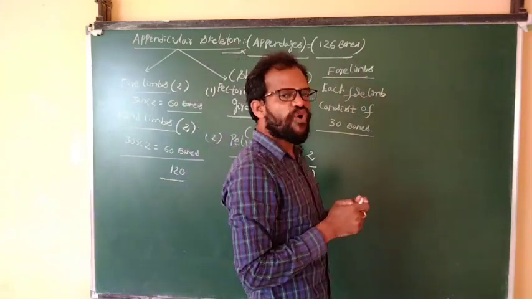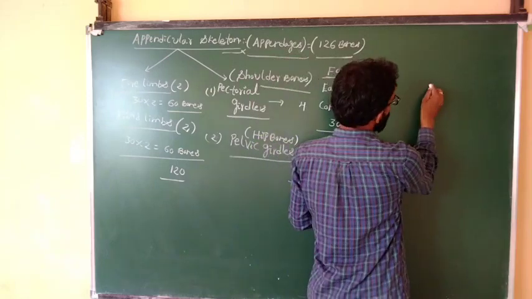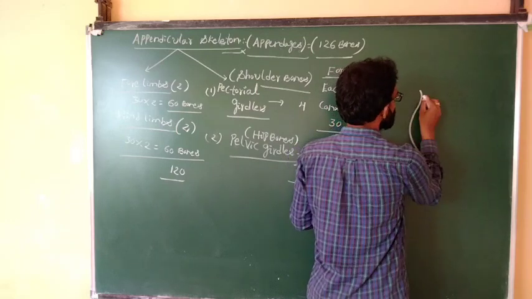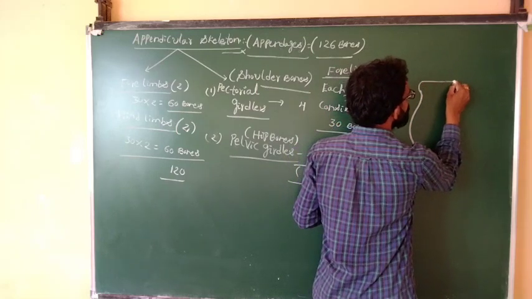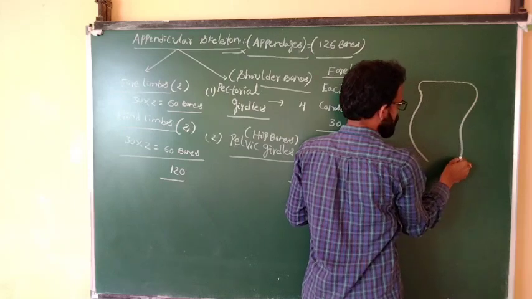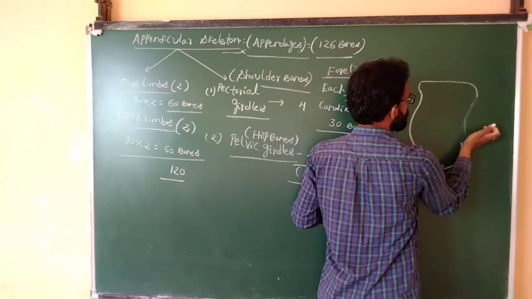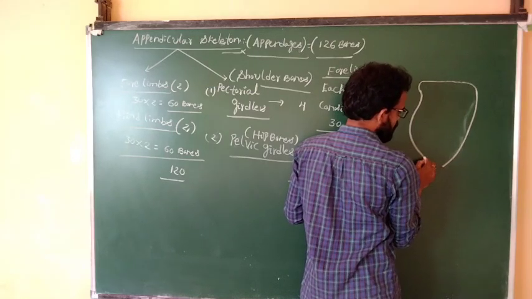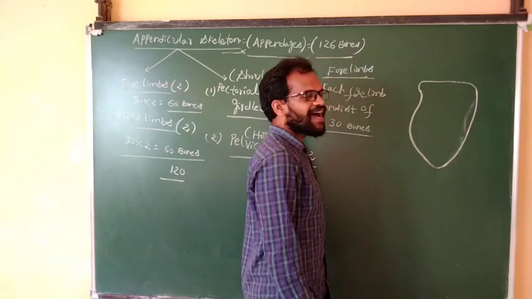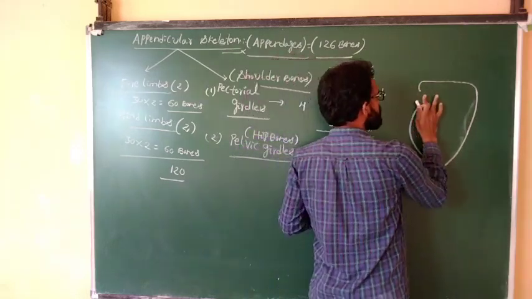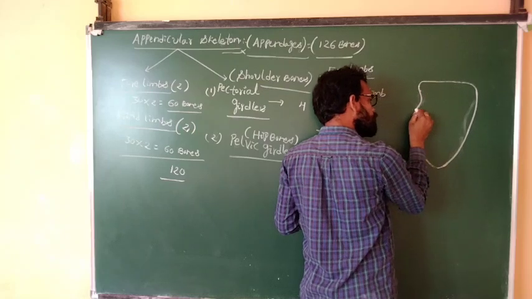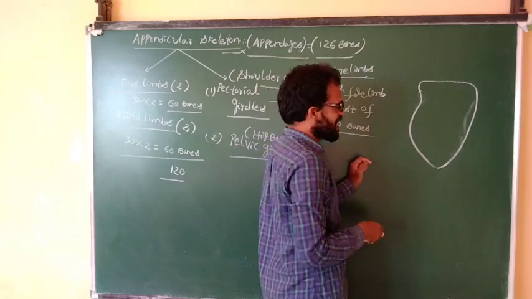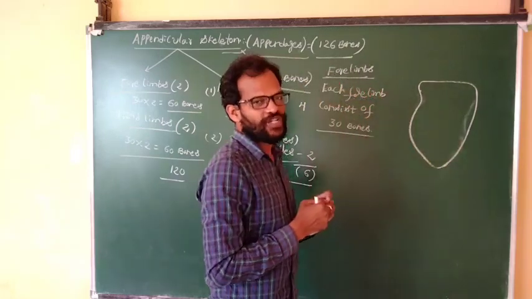If you observe each forelimb, the first part is the shoulder bones.